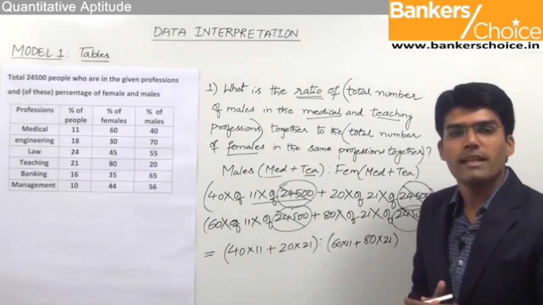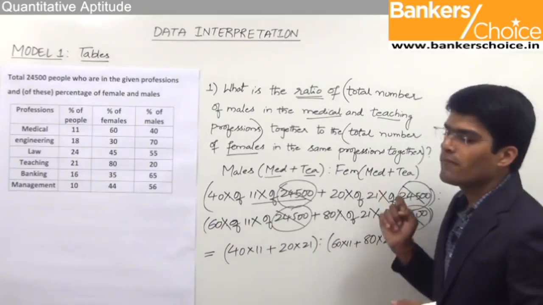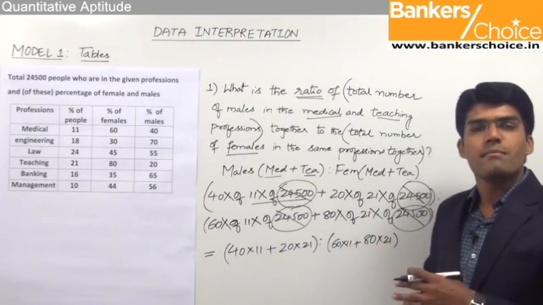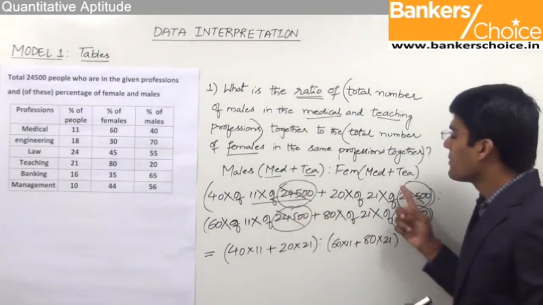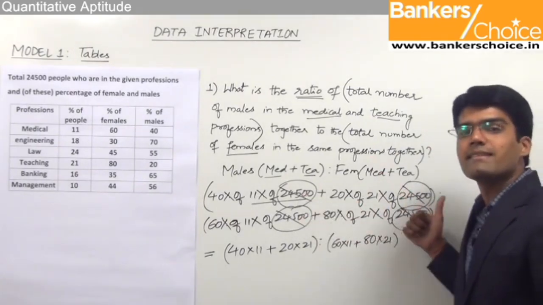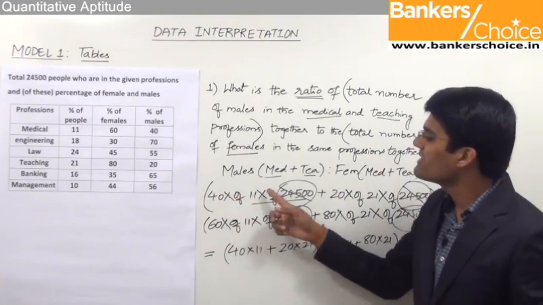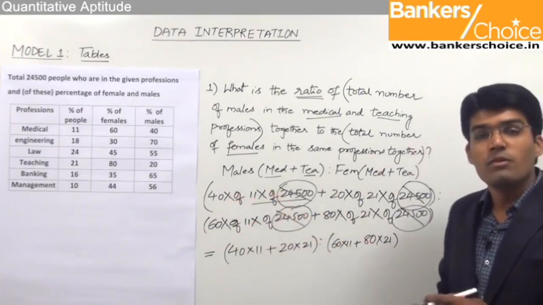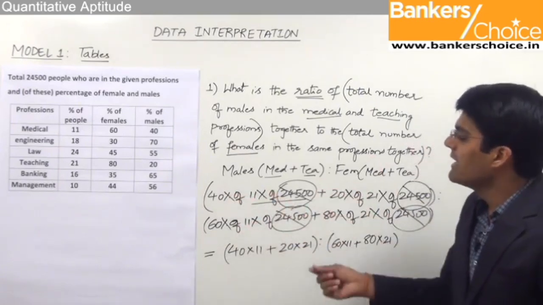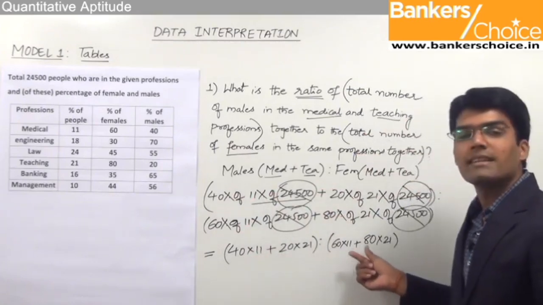Now an important point that we need to understand here is, when we are solving this question in the exam, it doesn't make any sense writing 24,500 initially and then cancelling it out. Likewise, by taking percentages initially and then cancelling them out. We should be efficient enough to analyze and directly take what will affect the answer.